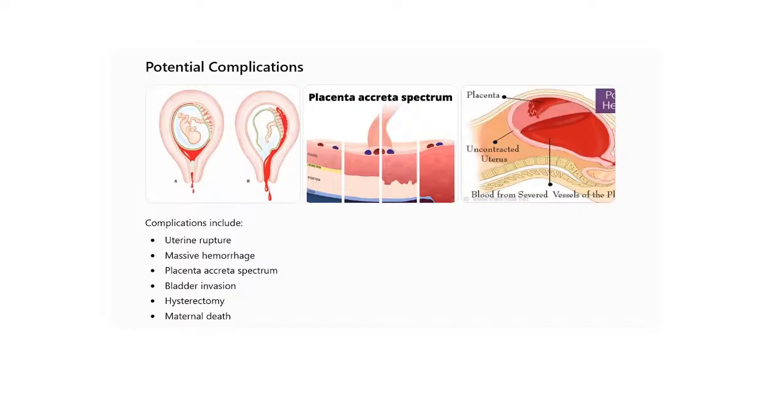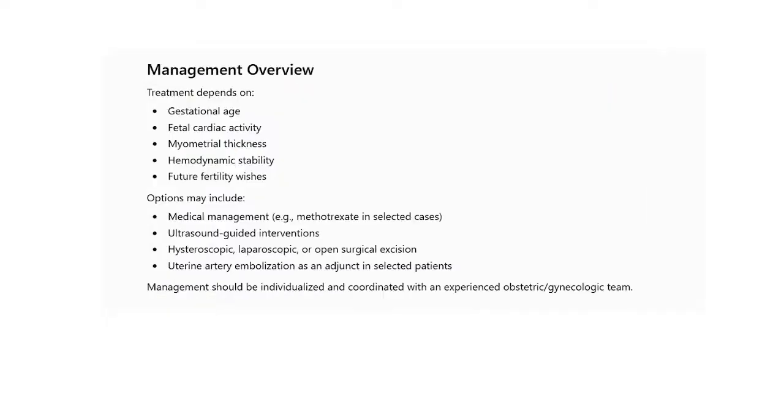So, potential complications of a cesarean ectopic pregnancy include uterine rupture, massive hemorrhage, placenta accreta spectrum, bladder invasion, hysterectomy, and maternal death. So, management overview. Treatment depends on gestational age, fetal cardiac activity, myometrial thickness, hemodynamic instability, and future fertility wishes.